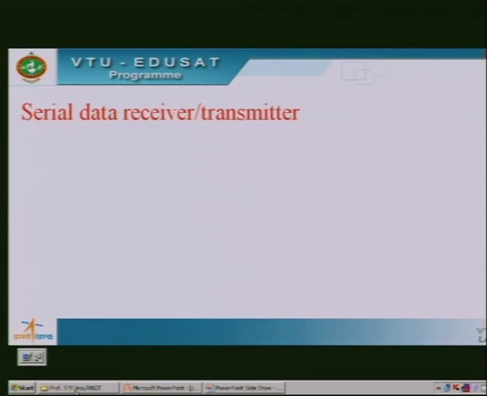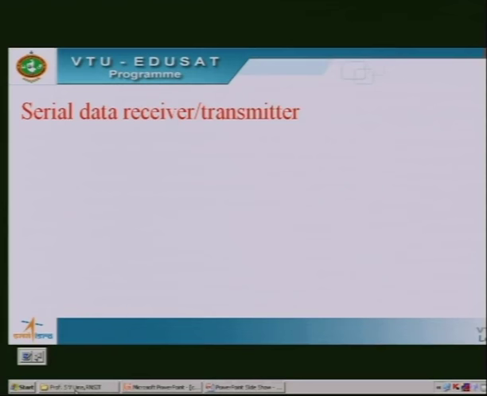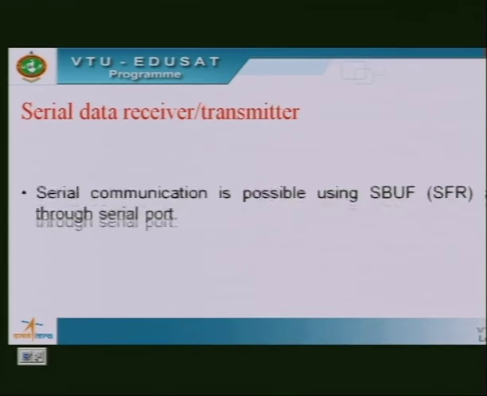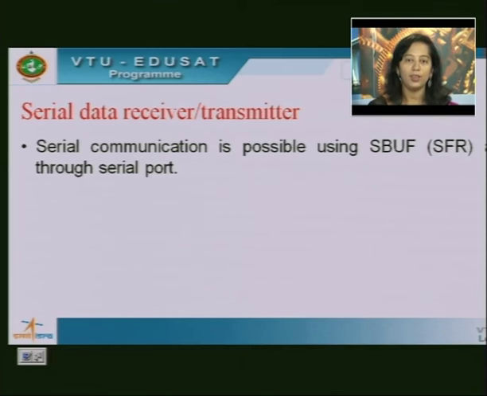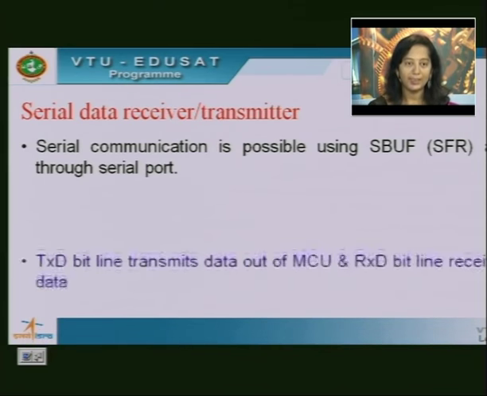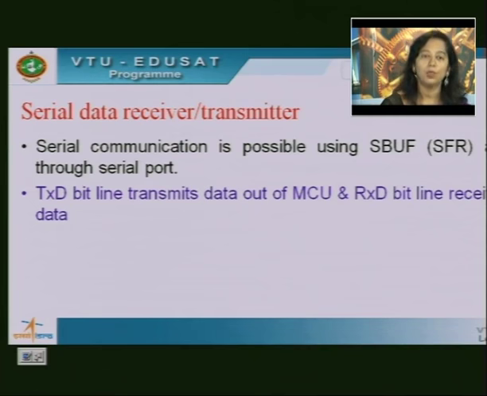It includes serial communication, which is made possible through the serial buffer, SBUF we call it, short for serial port buffer, which is again a special function register. We have seen what it is anyway, and we will see again. And the next one is, we have two lines connected to this UART or the serial data receiver and transmitter pair.